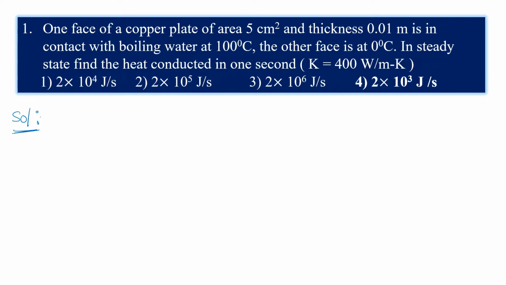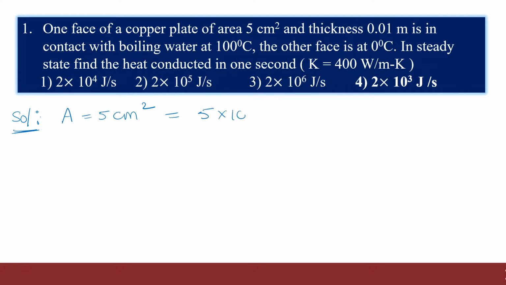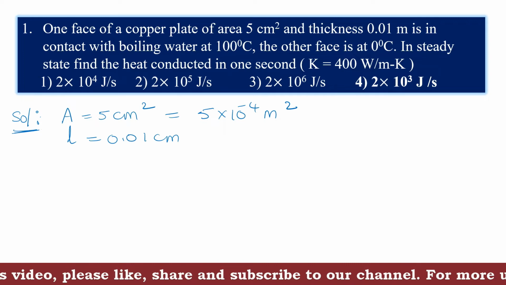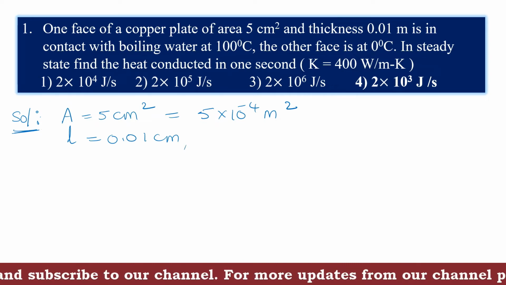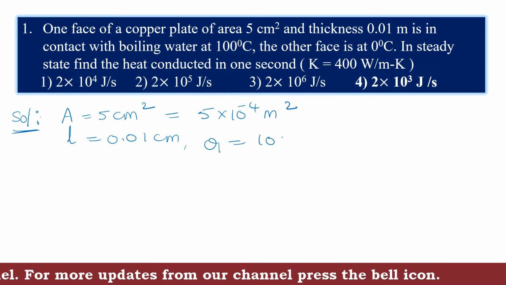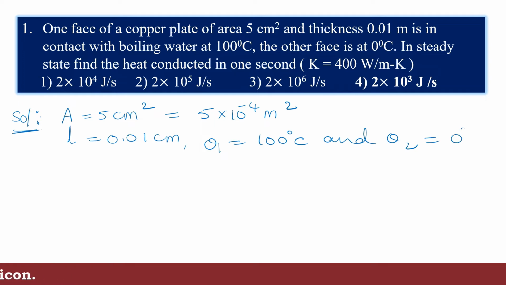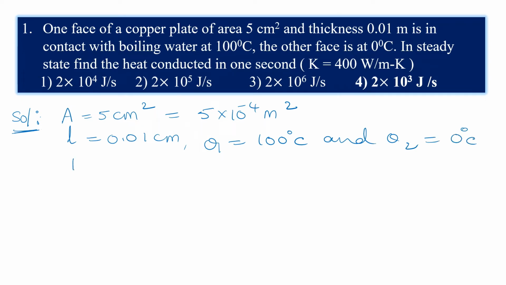Given in this question, the area is 5 centimeter square, converting into meters, 5 into 10 to the power of minus 4 meter square, and thickness L is 0.01, and theta 1 is 100 degree centigrade and theta 2 is 0 degree centigrade, and K, the thermal conductivity, is 400 watt meter inverse Kelvin inverse.